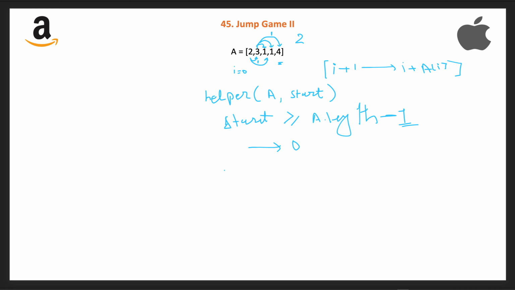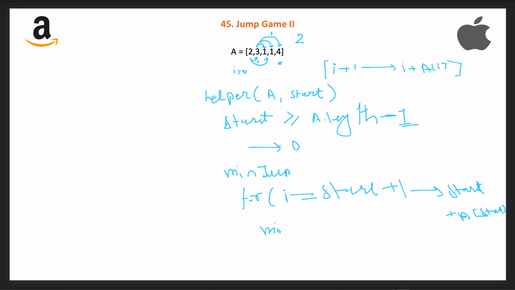Otherwise we create a minimum jump variable and try all possible jumps, for i from start plus 1 till start plus A of start, the value at the current index we are processing. So we will open all the branches from the current start and take the minimum over them.